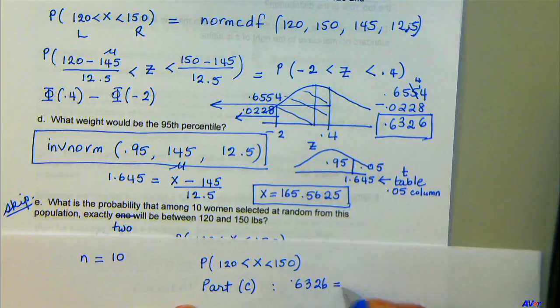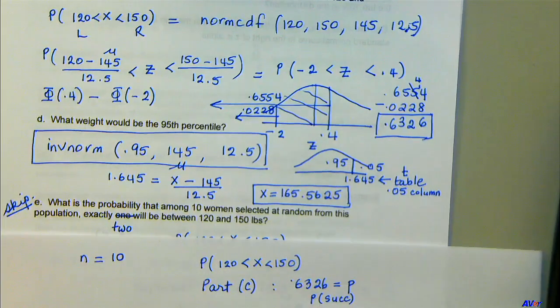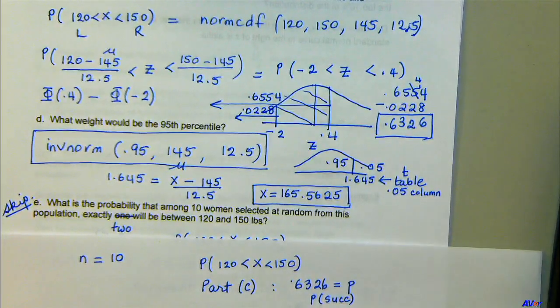So let me label that lowercase p for probability of success, meaning if the person has weight in that interval, 120 to 150 pounds, that is regarded as a success. That's what that's saying. And therefore, Q is the probability of failure. And that's 1 minus 0.6326. Because P and Q always add up to 1, right?